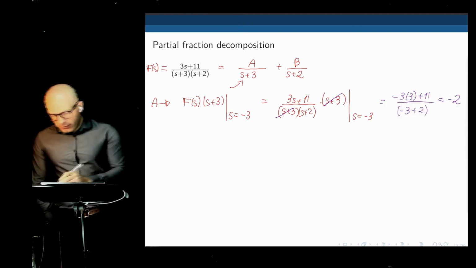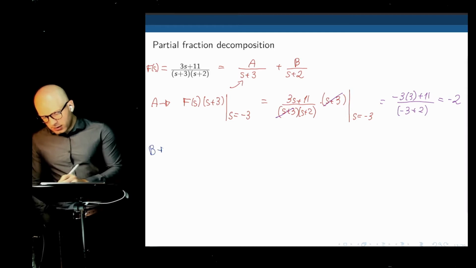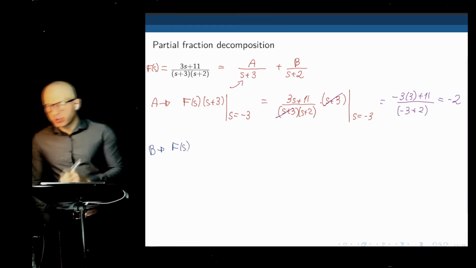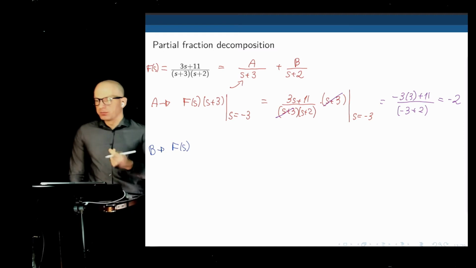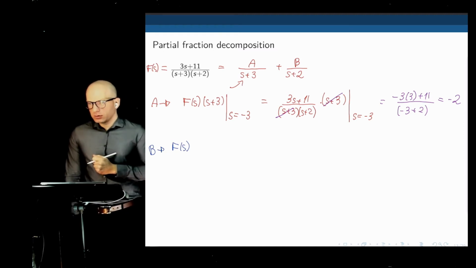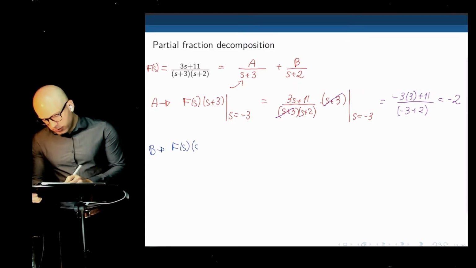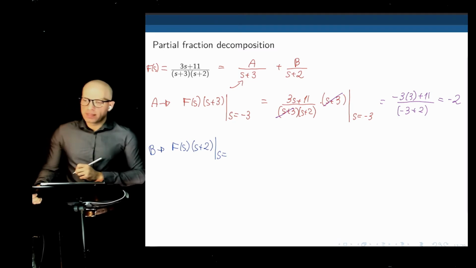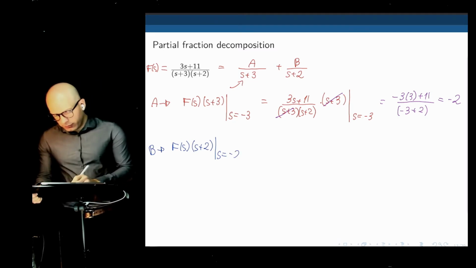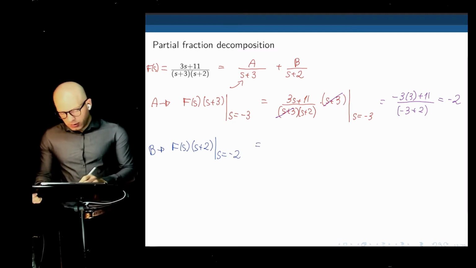What is the value of B following the same procedure? Well, B is f of s times what? S plus 2, evaluated at s equals -2. Very good. Which is 3s plus 11 divided by s plus 3 times s plus 2, times s plus 2, when s equals -2.